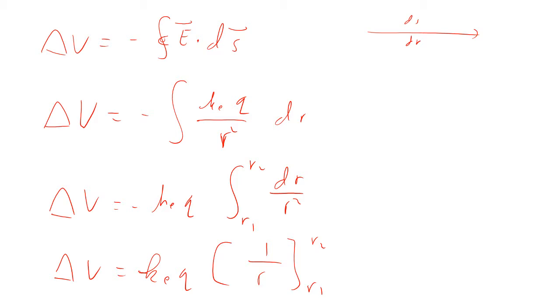So delta V is kq times 1 over R2 minus 1 over R1.